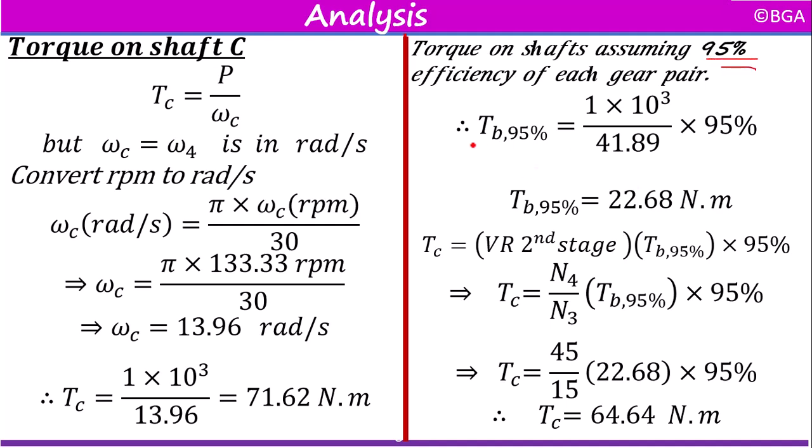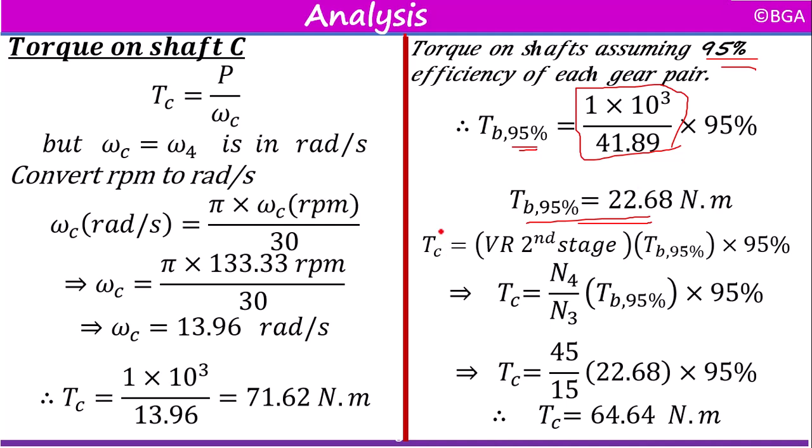For that, the torque on shaft B at 95% efficiency is equal to the torque on shaft B at 100% efficiency multiplied by 95%. So if you do so, you get the torque transmitted to shaft B at 95% efficiency to be 22.68 Newton meter.